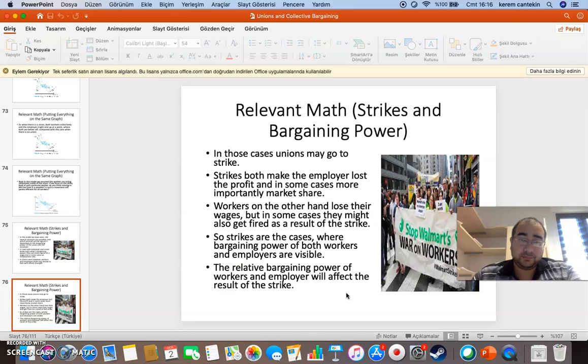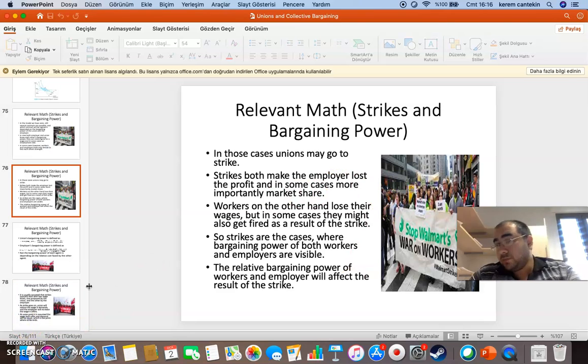Strikes mainly happen if unions or employers are not sure of each other's bargaining power, or at least want to test or show their bargaining power.